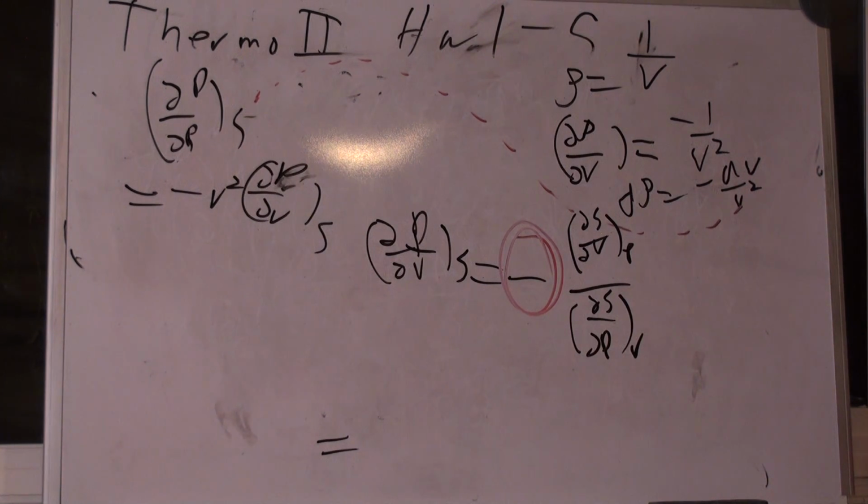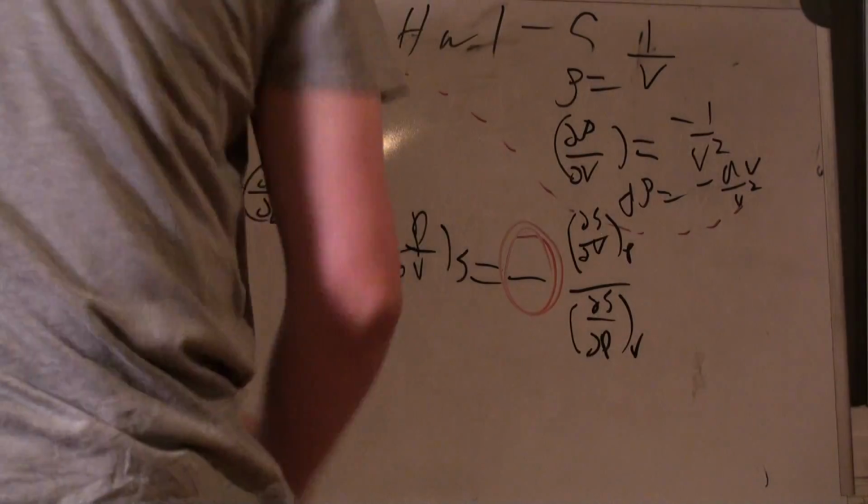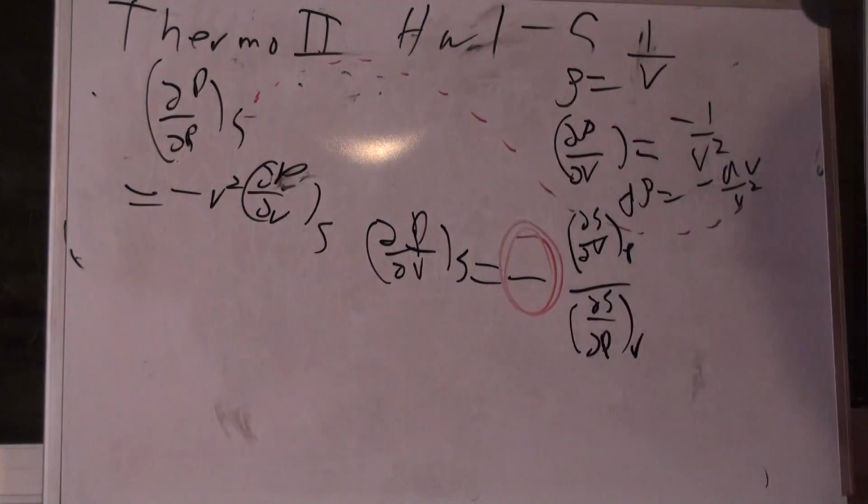Alright, so do I still have an s in the constants place? Do I have a ds? Yes, I do. What do I do when I see a ds? I have two choices. I can do a Maxwell's relationship.